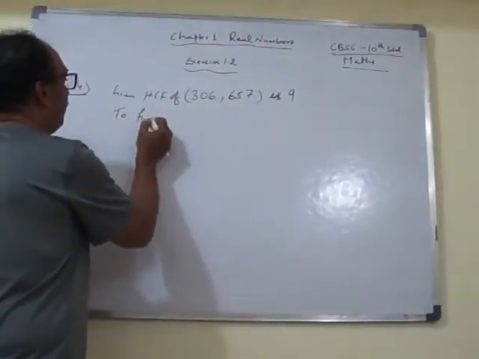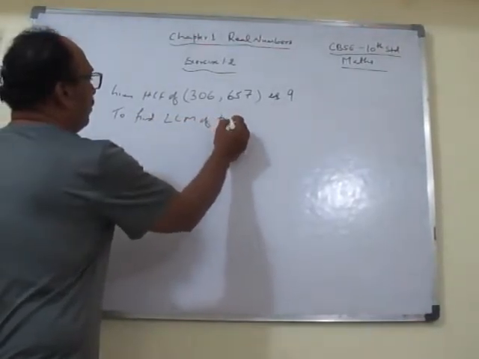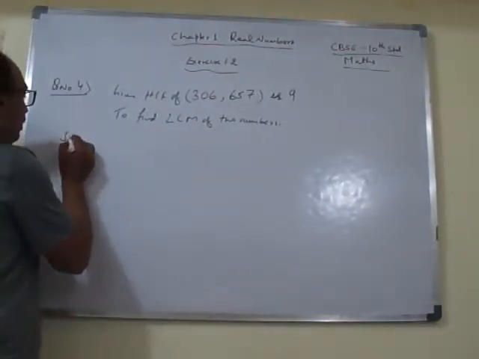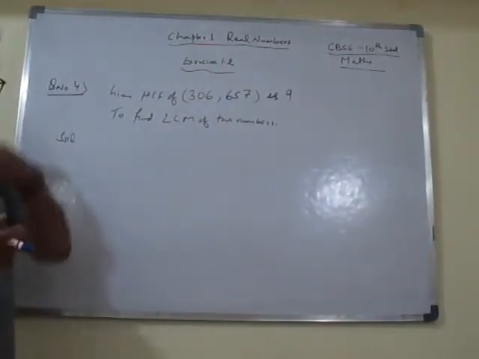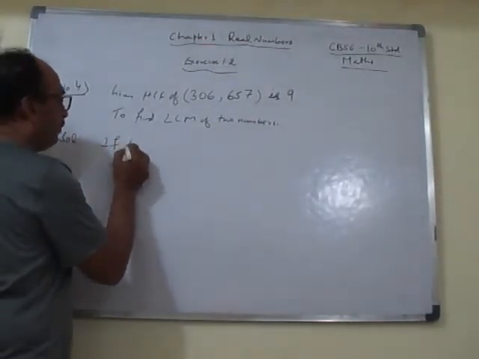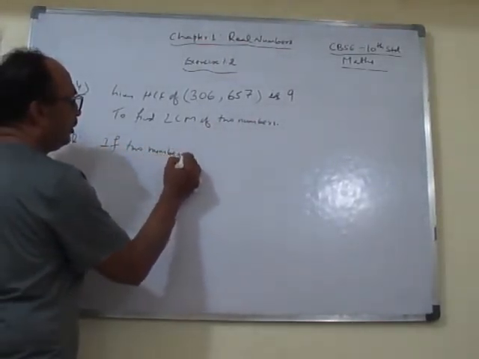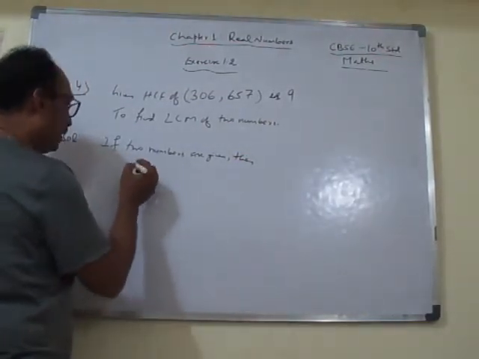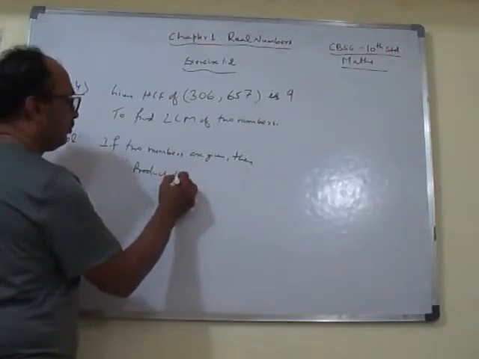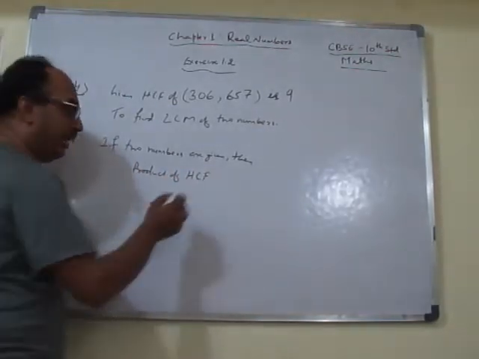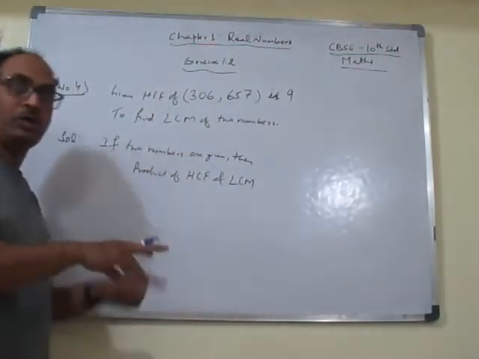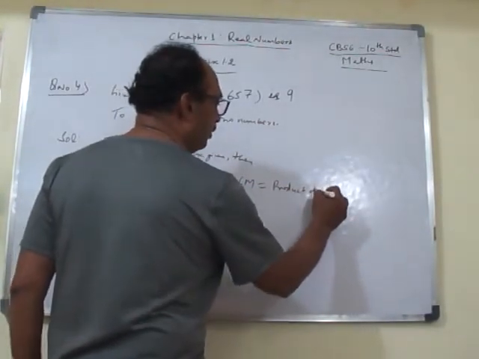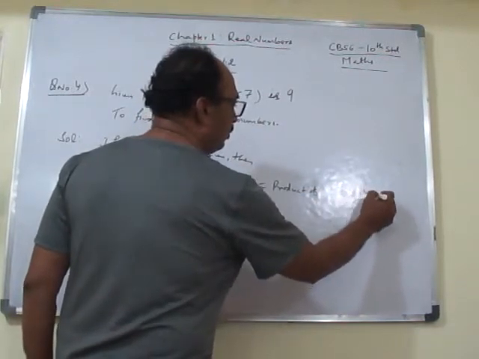To find the LCM of two numbers, we already know that if two numbers are given, then the product of HCF and LCM will be equal to the product of the numbers.